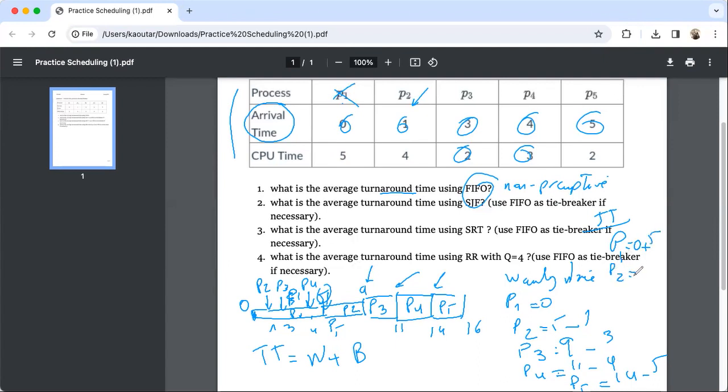So for P2, it will be the waiting time here of 4 plus the burst time of 4, that's 8, and so on. So once you calculate the individual turnaround times, then you average them, and that will give you the average turnaround time. So that's for FIFO.